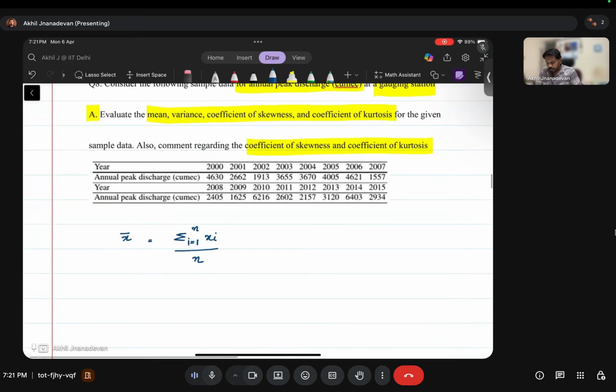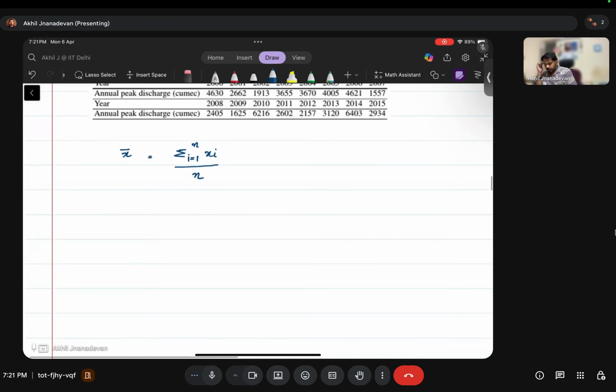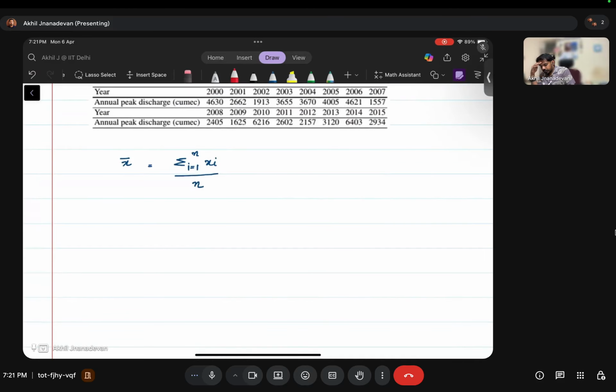You can take a note of the values you want. So this is the formula for the mean or the average.